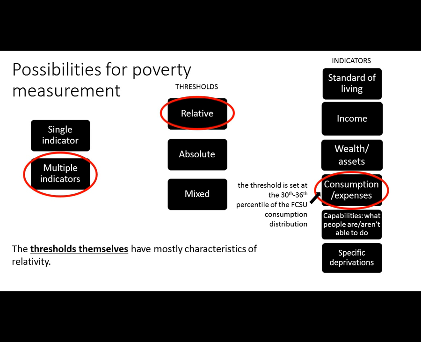People are spending more on FCSU across the distribution. There are still going to be people in the bottom third of the consumption distribution. So in many ways, this threshold is dependent on, not independent of, the standard of living in the society.